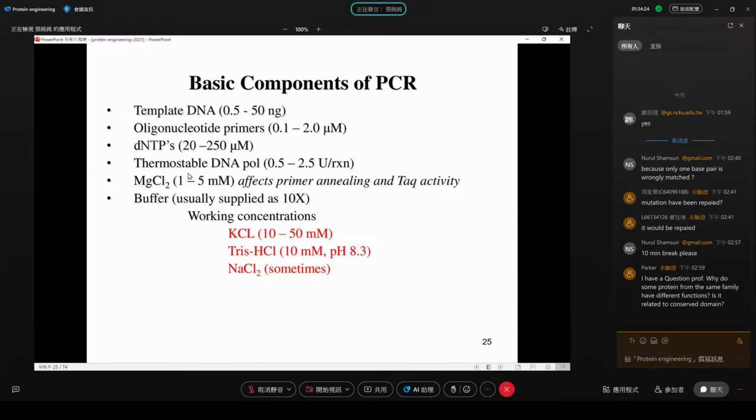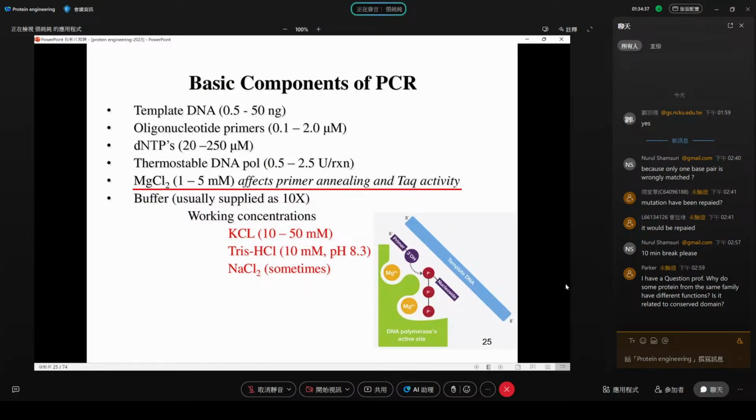If above this concentration, for the dNTP, I mean too much of the dNTP, too much of the primer will cause problems. Why will it cause problems? You look at this structure. Let's say your template. Okay, let's say your primer. It basically will anneal with the template, when Taq DNA polymerase brings the template and the dNTP together into this pocket, and the magnesium chloride will be a cofactor to stabilize this pocket and help your primer anneal with your template.